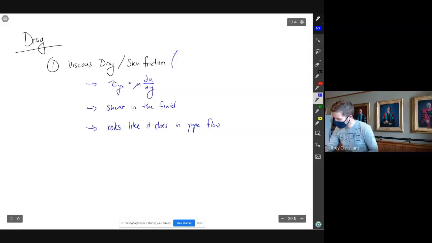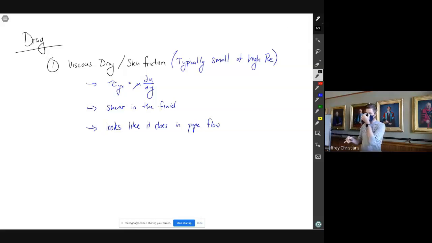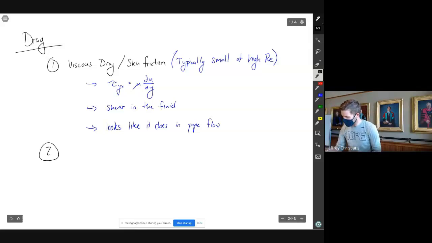So I'll write that. So typically, small at high Reynolds number. So in a lot of systems, it's there, but it's usually not the dominant factor at high Reynolds number. So oftentimes the dominant factor at high Reynolds number is pressure drag.